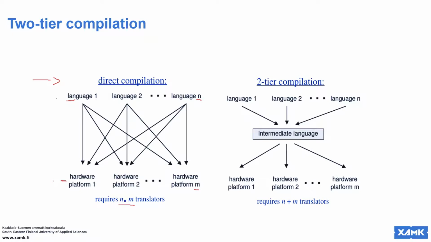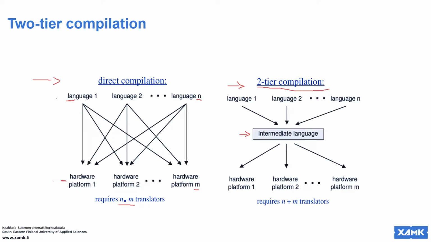So the idea behind two-tier compilation on the right is that instead of having a direct compilation between languages and hardware platforms, we compile individual high-level languages into some intermediate language, which is then compiled again into some specific version of hardware or machine code.